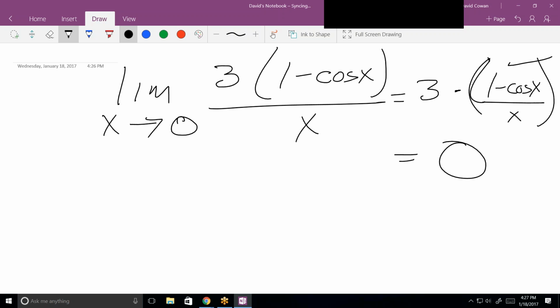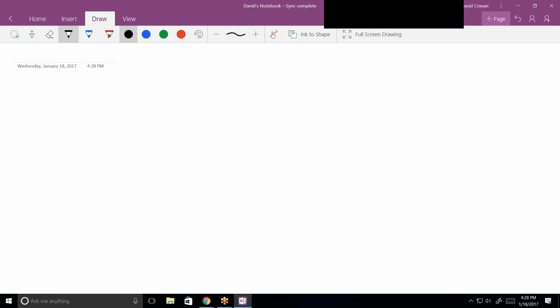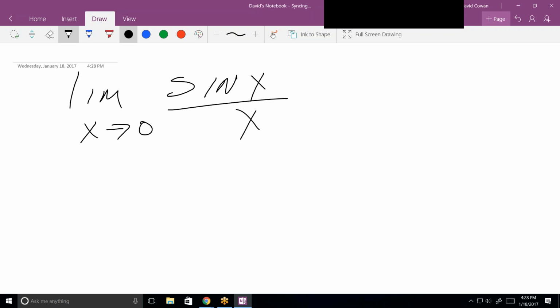And that's basically how you're going to do all of these trig functions that you see in exercises 67 and beyond. You're going to use one of these 2 that they asked you to memorize. In other words, the limit of sine x over x as x goes to 0 is 1. Memorize that.